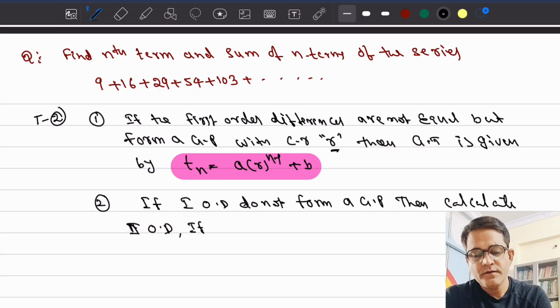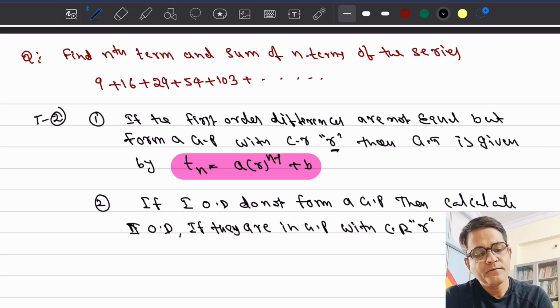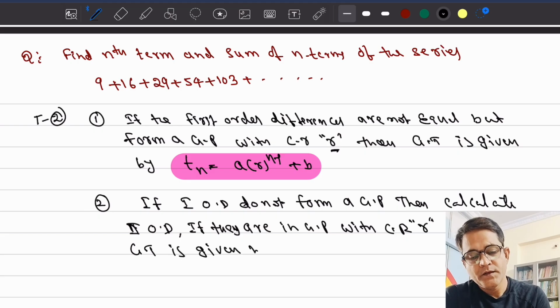If they are in GP with common ratio R, then the general term is given by Tn equals A into R power n minus 1 plus Bn plus C. So this is the general term.